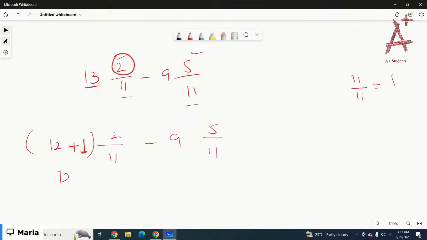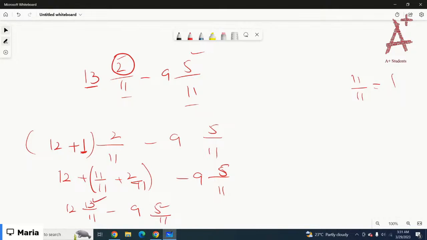So it would be 12 plus 11 over 11 plus 2 over 11. Now we add these two fractions. It would be 12 whole, 11 plus 2 is 13 over 11. Now you can see 13 is greater than 5. You can subtract now. So 12 minus 9 is 3 and 13 minus 5 is 8. So it would be 3 whole 8 over 11.